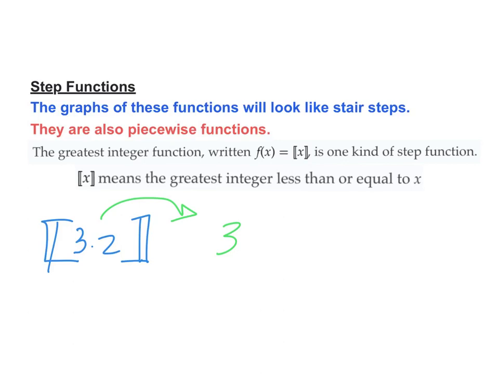At the same time, if I took the greatest integer function of 3, it can be less than or equal to x. In this case, since it's equal to an integer, it is also 3. Because it goes down to the next lowest integer if it's not an integer. If it's already an integer, it stays that number.